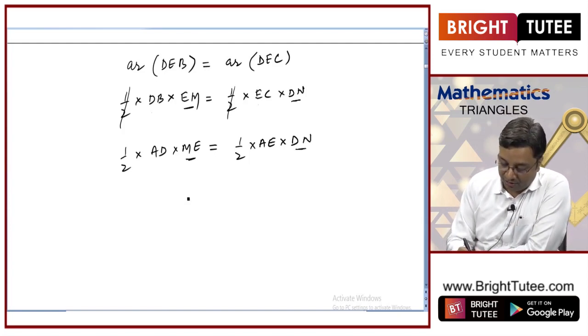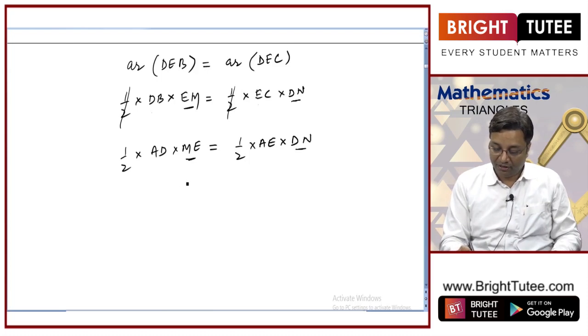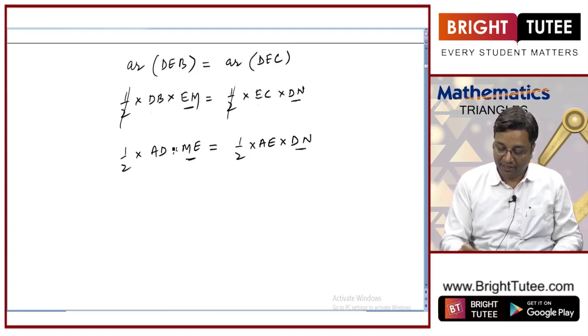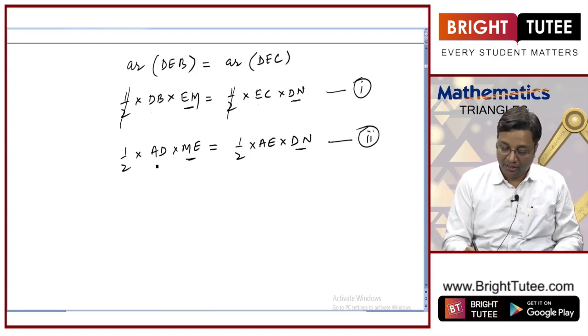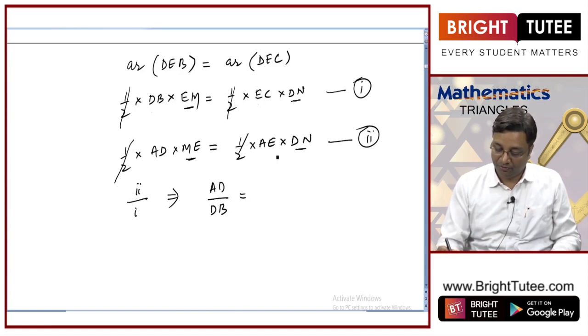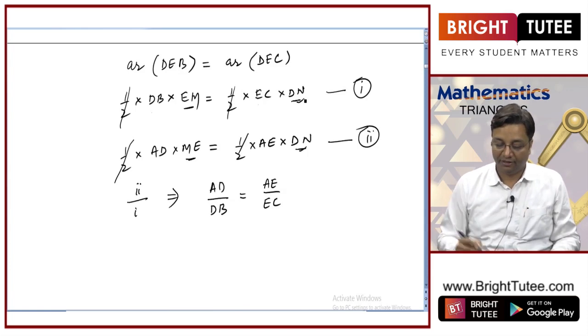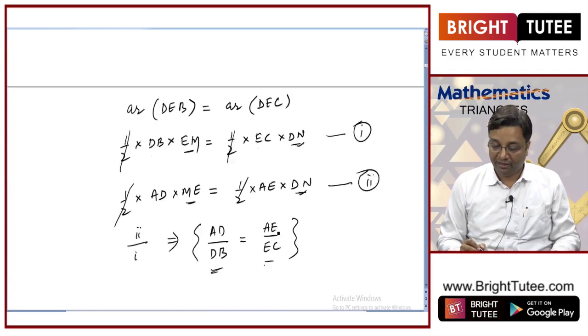So if I take their ratio, let us take the ratio as, if I divide these two, let it be 1 and let it be 2. If I divide 2 by 1, it will give me AD upon DB, because ME will be cancelled, is equal to AE upon EC. In this, DN will get cancelled. So what is this result? AD by DB is equal to AE by EC.